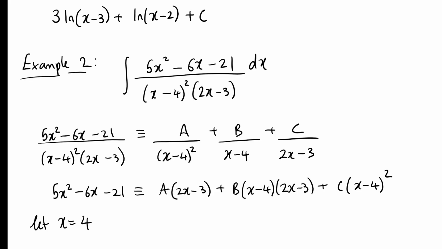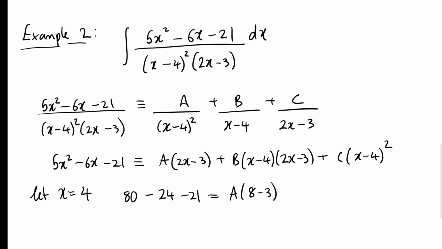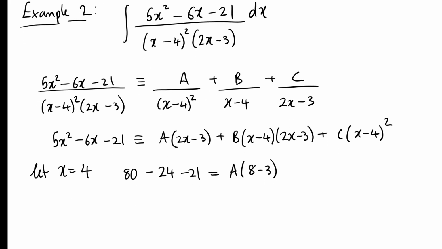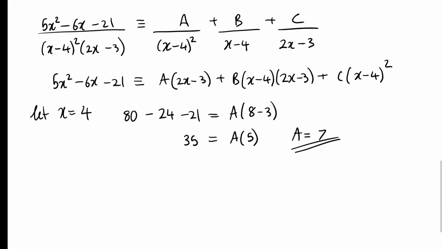So 5x squared becomes 80 minus 6 times 4 minus 24 minus 21 is equal to a multiplied by 8 minus 3, 2 times 4, 8. Then that's 35 is equal to a times 5, therefore a is equal to 7.